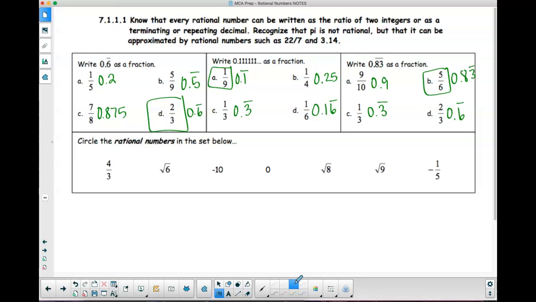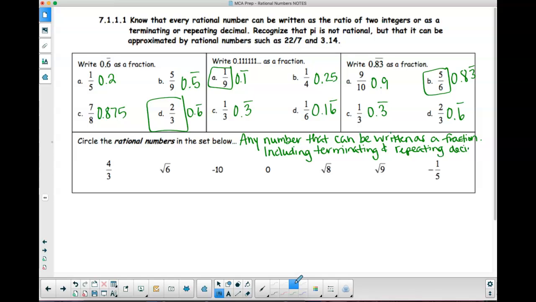No? Okay, you're going to write this down then. A rational number is any number that can be written as a fraction, including terminating and repeating decimals.